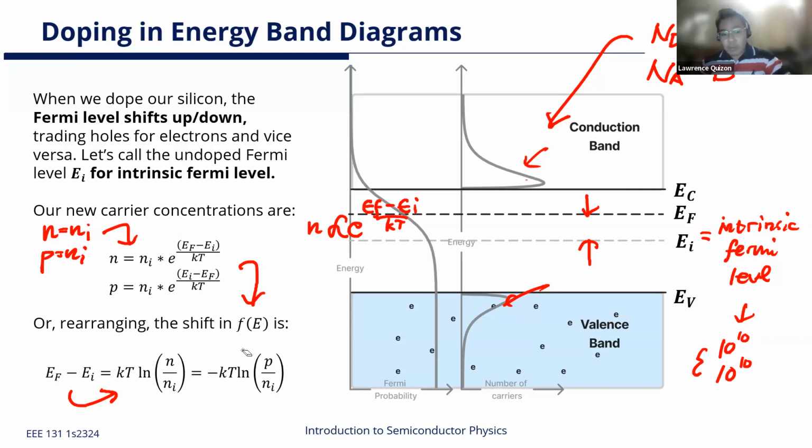What we do know is N and P. Why? Because we have an equation for that.